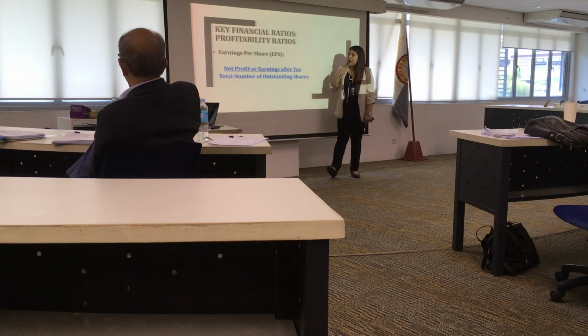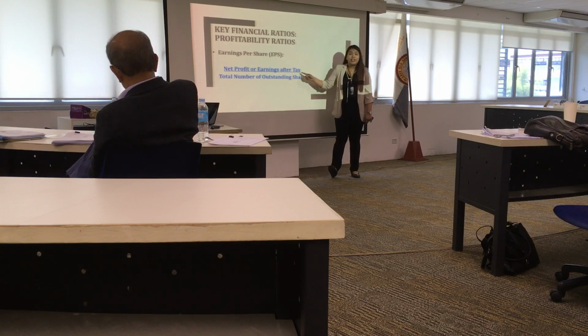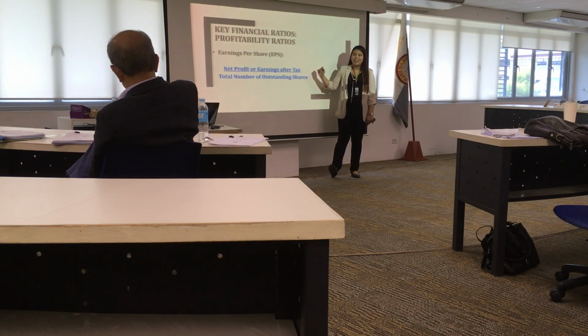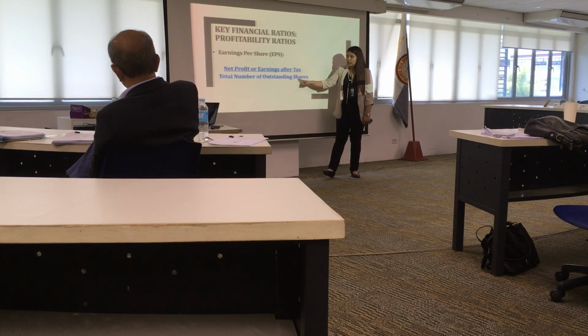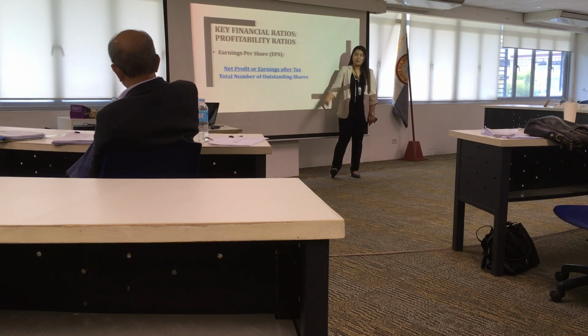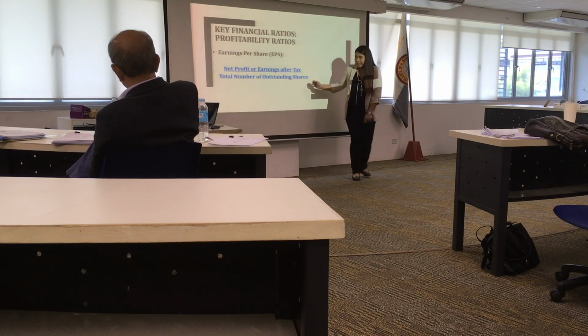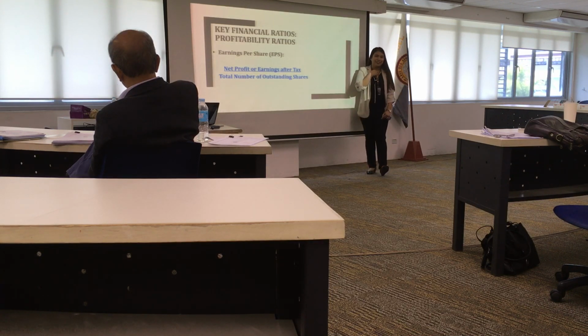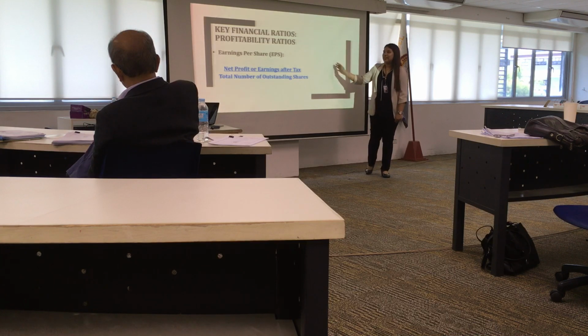To get the earnings per share for your investment, simply get the quotient of the net profit over the total number of outstanding shares. Not the authorized, but the outstanding shares. Question before we proceed? Next.